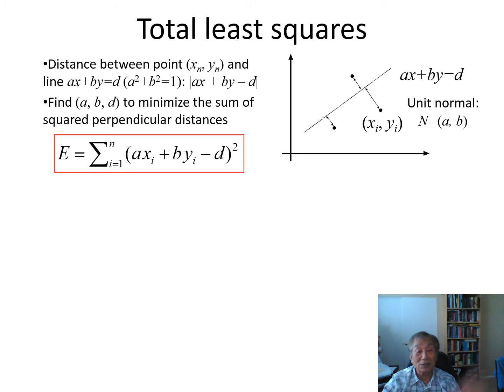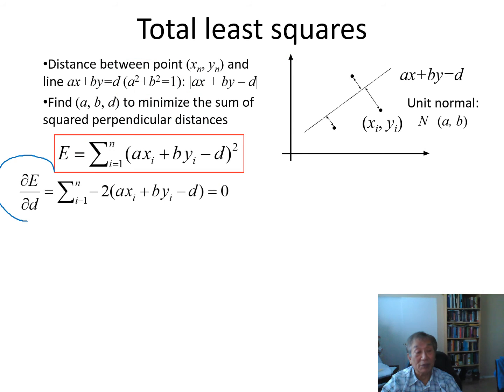It's just terrible. So rather, the total least square method first calculates the partial derivatives of those expectations with the d value.